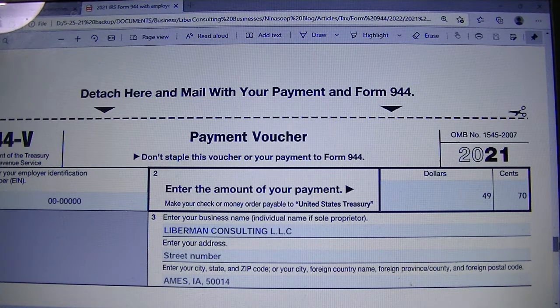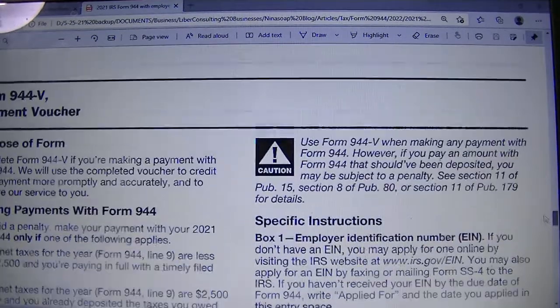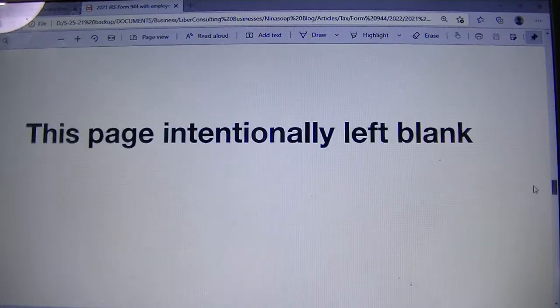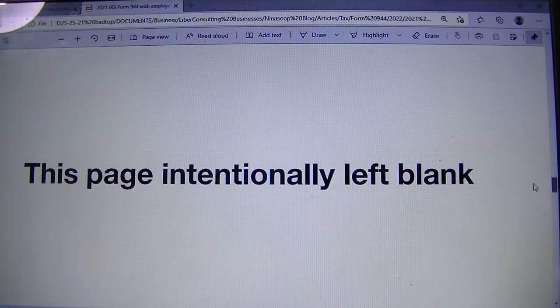So when you print the form out in this scenario and you completed the voucher, you are going to add a check to it. You need to make a copy for yourself though. And then you staple the form from page 1 all the way to the page left intentionally blank.